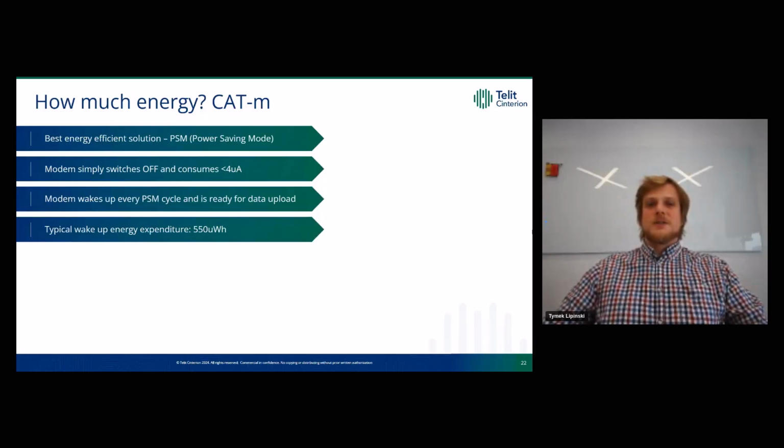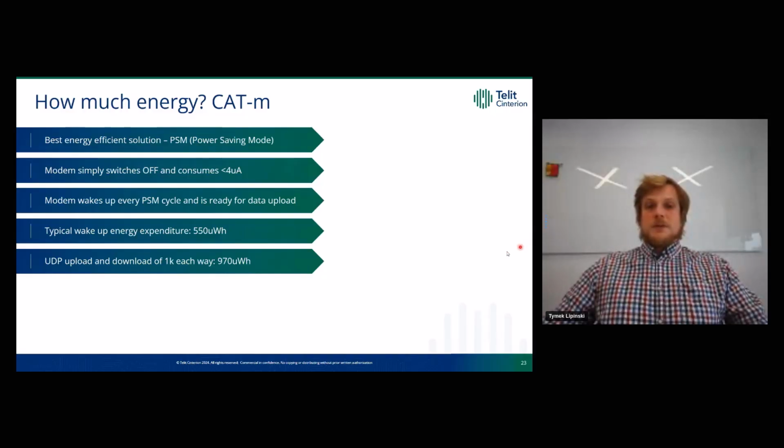Typical wake-up energy expenditure, 550 microwatt hours. Let's discuss and put this value into some perspective later on, because it's really important how much energy we should expect the modem to require to perform certain actions in the network and in the system.